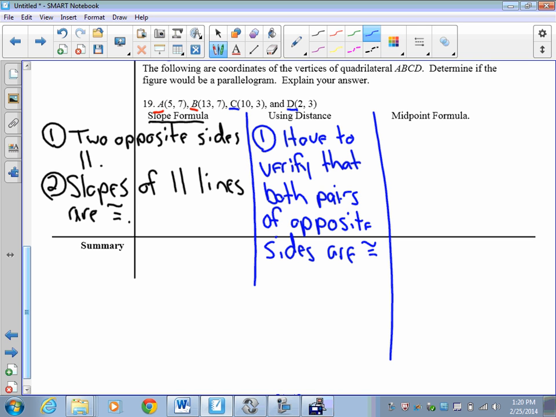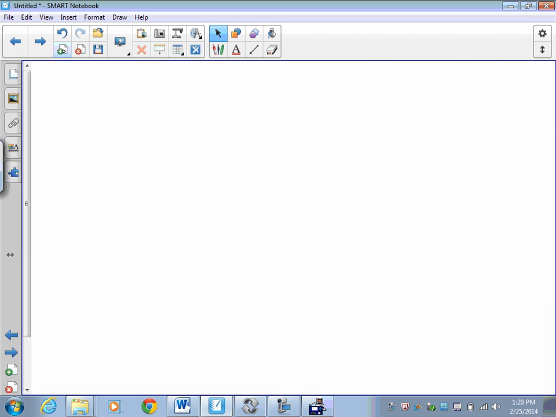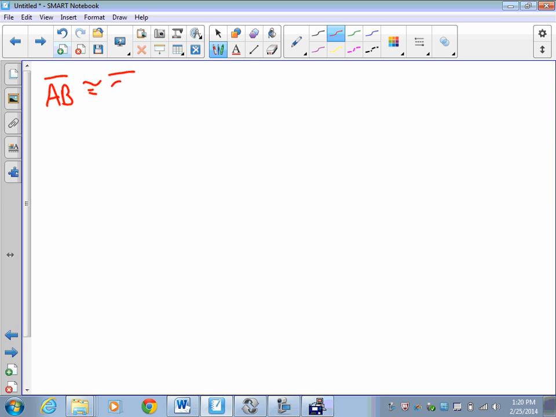That's what you have to do because that's what our theorem stated. So you need to prove that AB is congruent to CD.